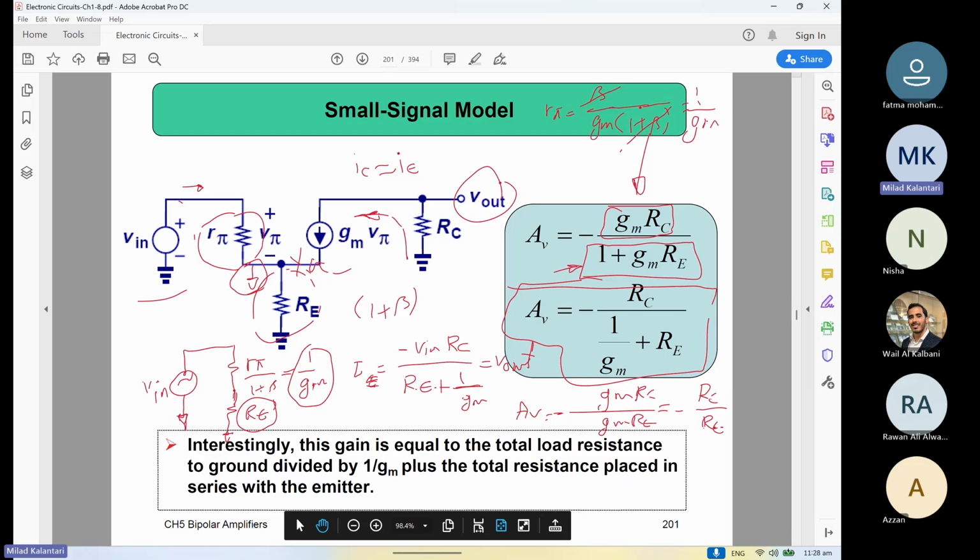Since RC and RE are just passive resistors, the gain is pretty stable and well defined, and also very linear. The GM is from a device, right? It is nonlinear. Nonlinear means what? Now we are just talking about the small signal, meaning the input variations are pretty small.